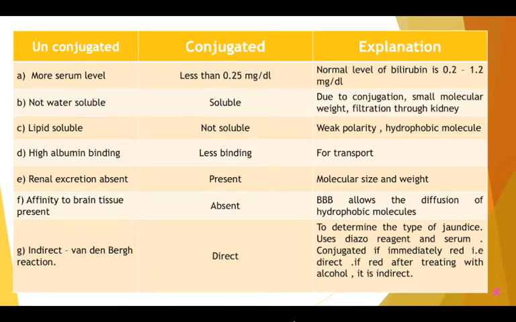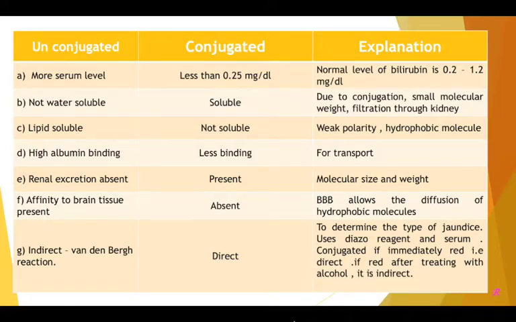Albumin binding is high for unconjugated and less for conjugated. When unconjugated bilirubin bound with albumin reaches the liver, it gets dissociated from albumin and gets conjugated with glucuronic acid.